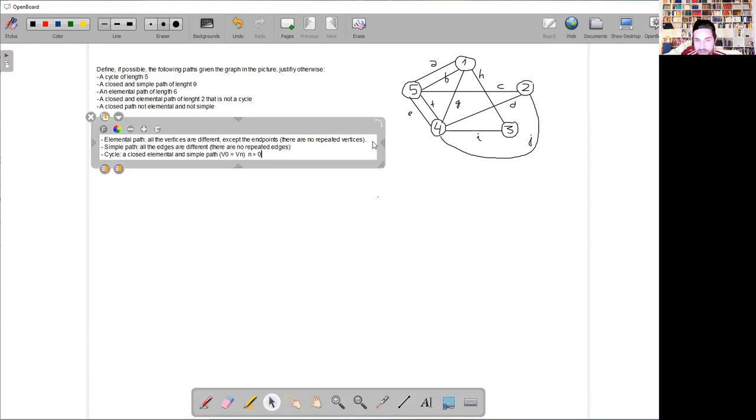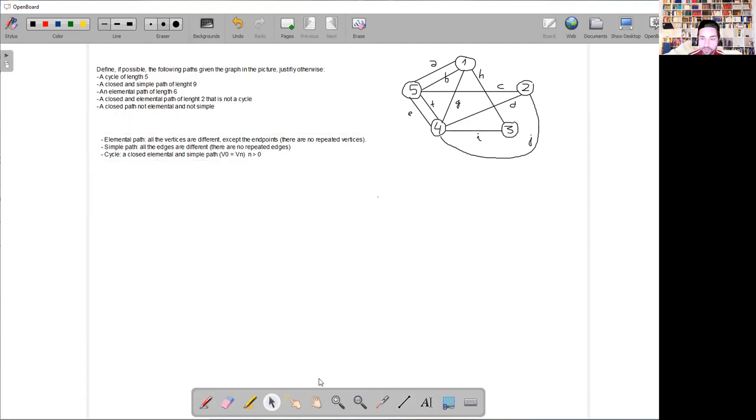So we have at least one node. So it will be like this. So we can start with the question, once that we have reviewed all the basic concepts.